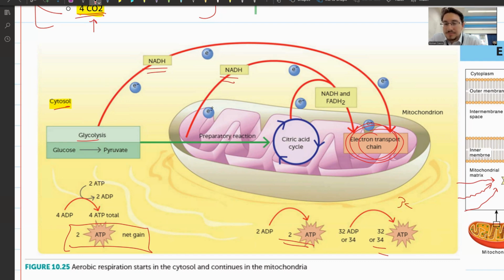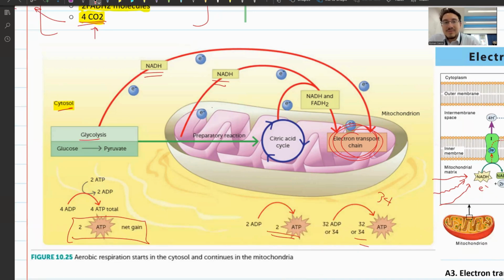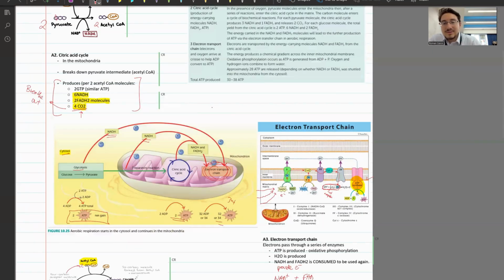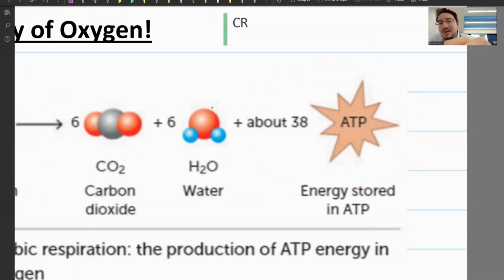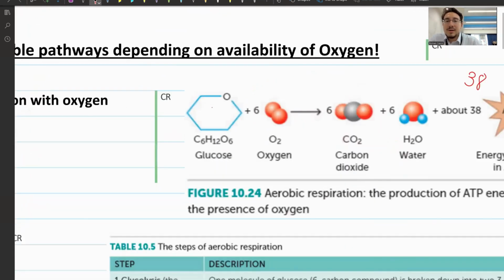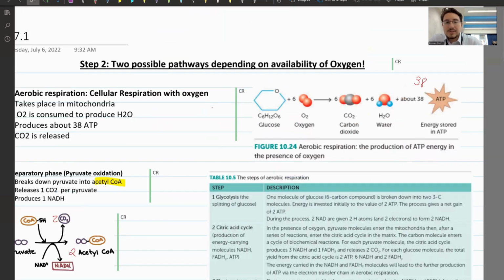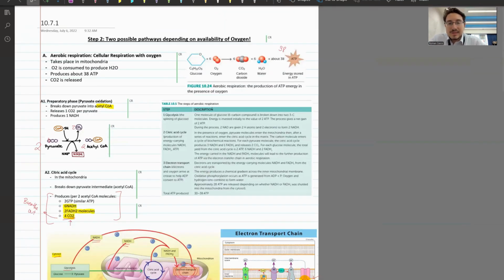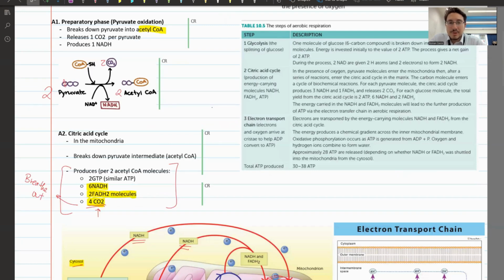Generally 34. Counting together, the max amount of ATPs that you get is 38, right? Here's where you get approximately 38, depending on the organism and the chemical pathways. You get around 38 ATPs being produced.